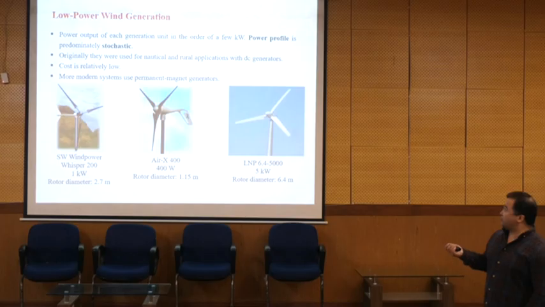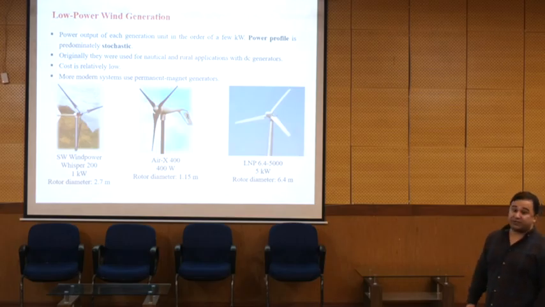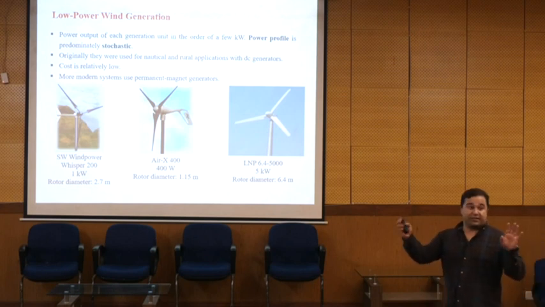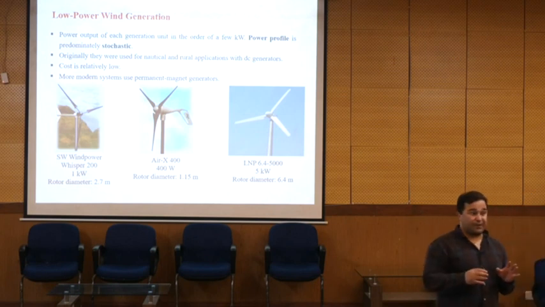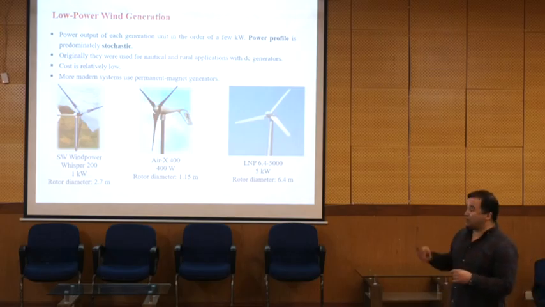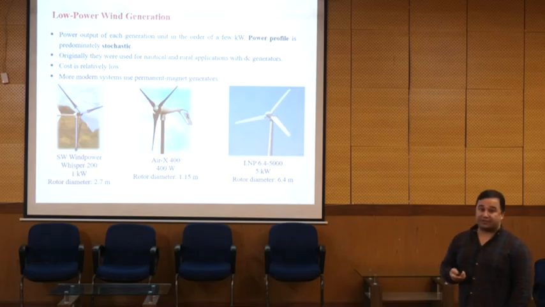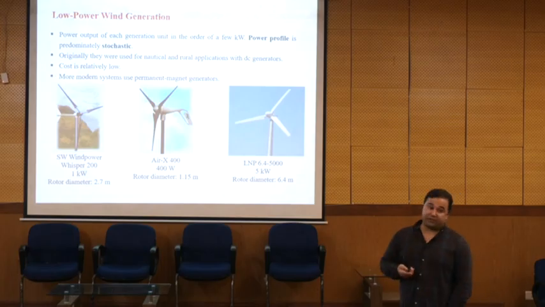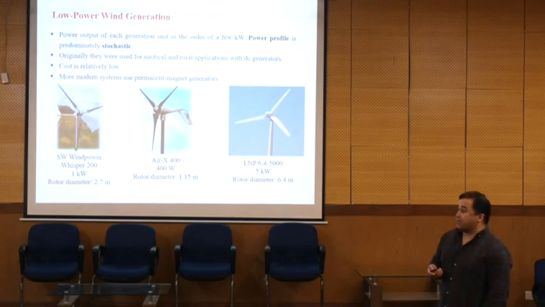If you are going to provide, for example, such a case for a residential building, the diameter is 6.4 meters. So it is not that easy to say that I'm going to install this one in my residential building or on the terrace of my apartment and provide electricity for myself. But all in all, the feasibility of providing electricity from wind is highly efficient and also in high demand.